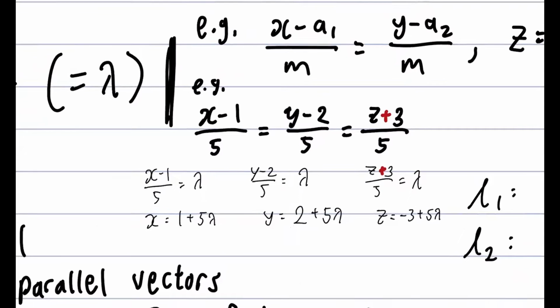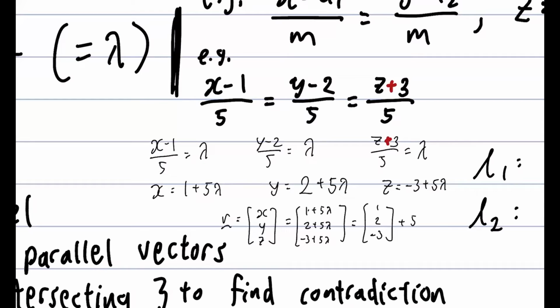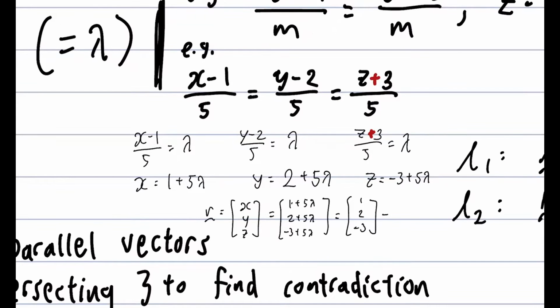So now you got x, y, z. Then you can just combine them together. Generic vector R is just x, then y, then z, right? So you can substitute in each one. So you get 1 plus 5 lambda, 2 plus 5 lambda, minus 3 plus 5 lambda. Then you can split them up like this: (1, 2, minus 3) plus lambda times (5, 5, 5).